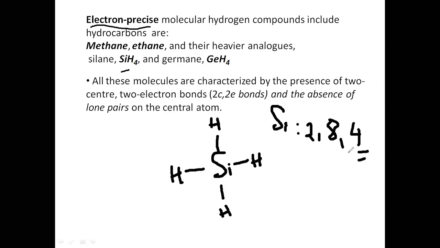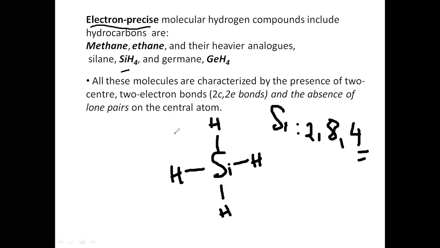There are 4 valence electrons in selene, and all 4 are involved in the bond formation.